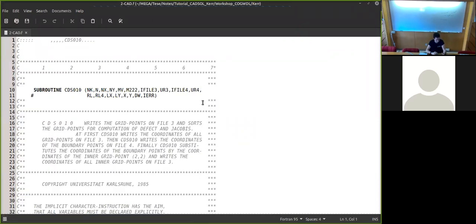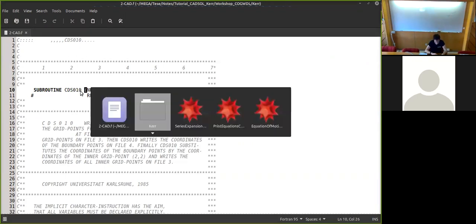Within this file, there are several subroutines which are appropriate for each type of problem that you have. So in our case, we want to solve an elliptic problem, so we use a specific routine. But if, for example, you want to solve a parabolic problem, you use a different subroutine. Since this file is the brain of the operation, you should not mess with it. Leave it as it is. Don't change anything.